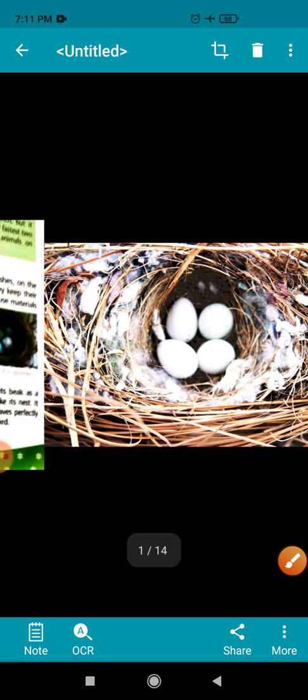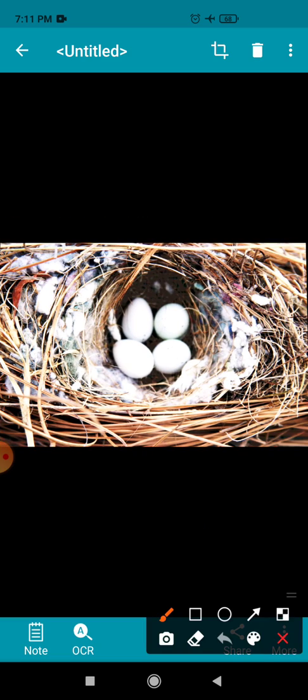Okay, here this is a nest of a sparrow, and you can see they have used dry grasses, straw, sticks, cotton, and feathers to make their nest, and the shape of the nest is bowl shaped. Okay children, you drink soup in a bowl; the same shape these nests have.